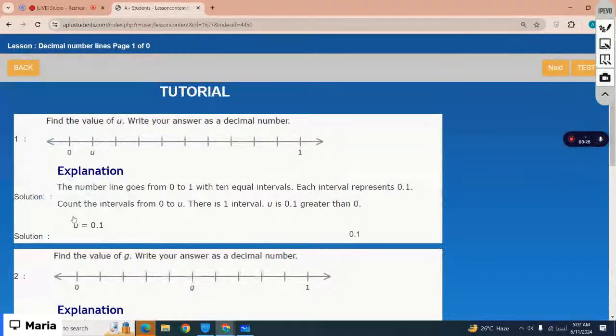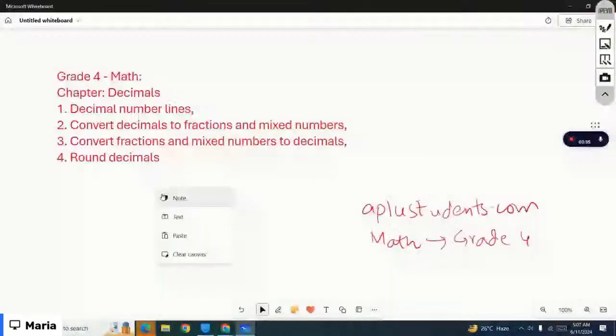Find the value of u, write your answer as a decimal number. So first you need to understand the number line.